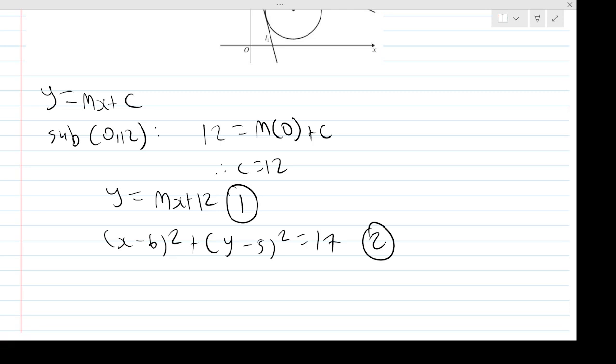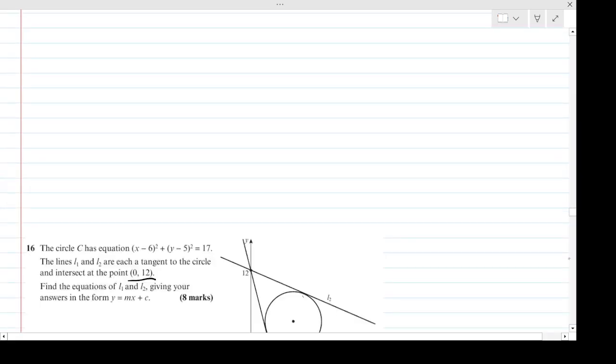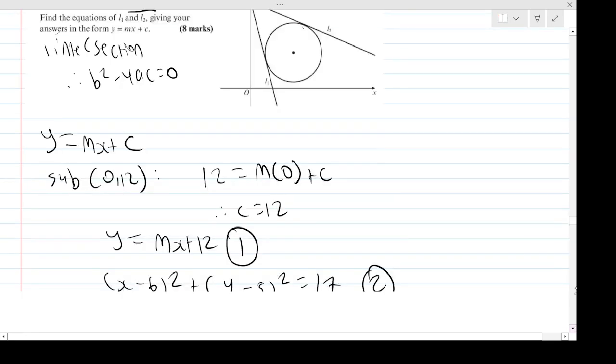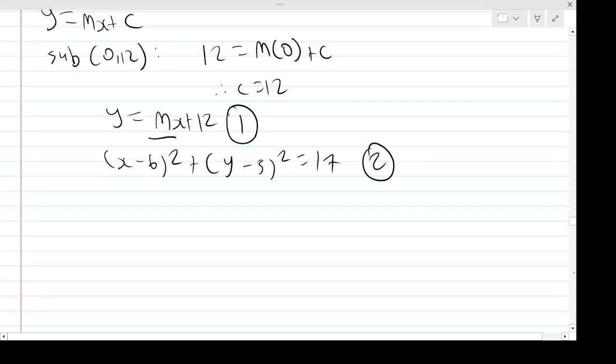And these are tangents, so there's one intersection, which means one real solution, which therefore means the discriminant equals 0. So I can use the discriminant to work out the values of m.